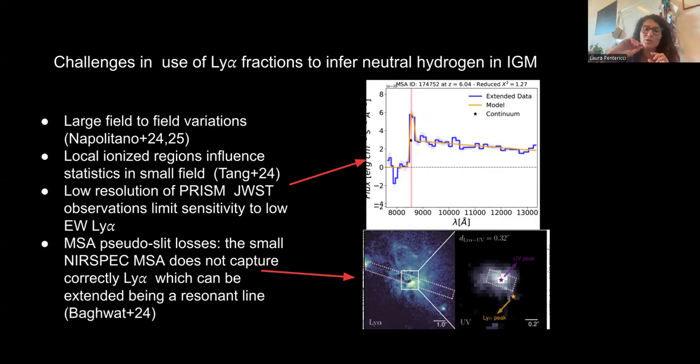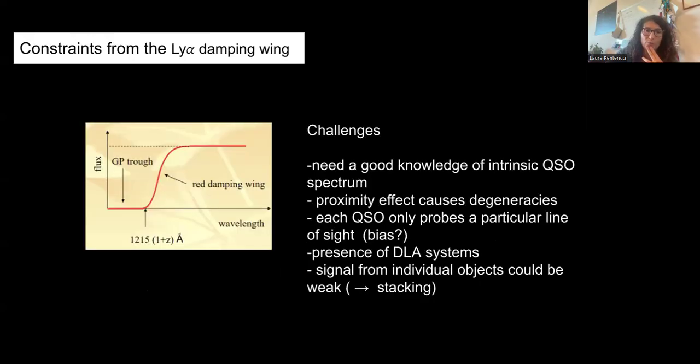JWST does not have a slit like a ground-based spectrograph, but it basically opens small shutters. In many cases, we think that because Lyman alpha is extended, as I showed earlier, we don't correctly capture the full extent of Lyman alpha. Whereas in the ground-based observations, the ones we had before JWST, the slits are generally much larger, and so we capture Lyman alpha better. This is something we are still working on.